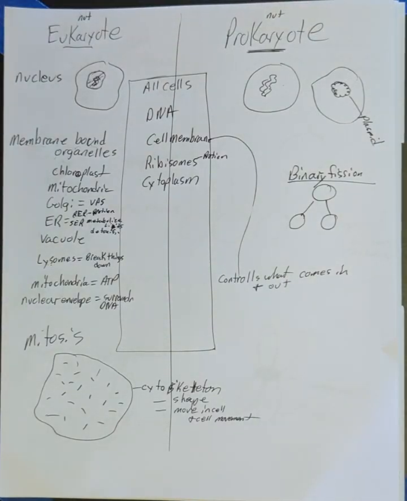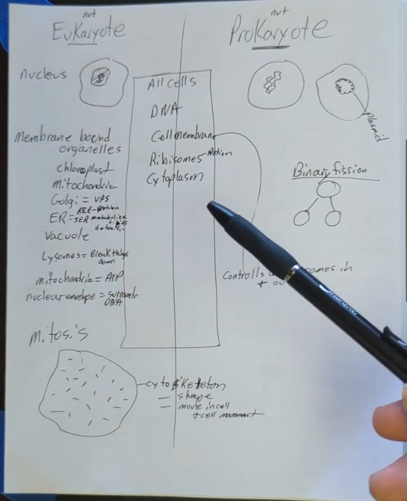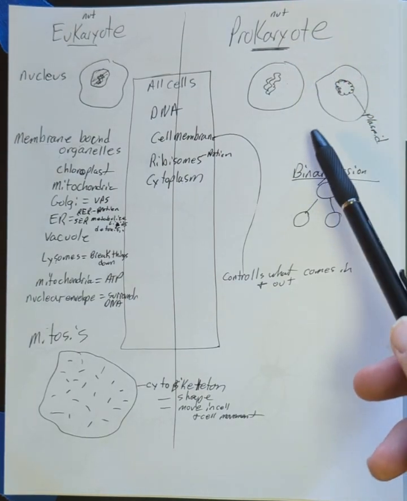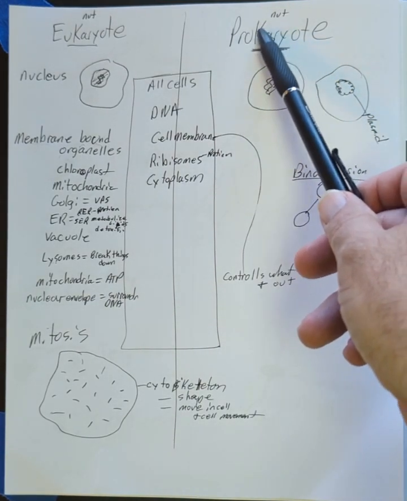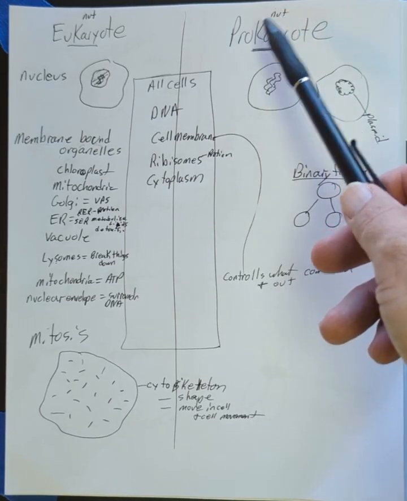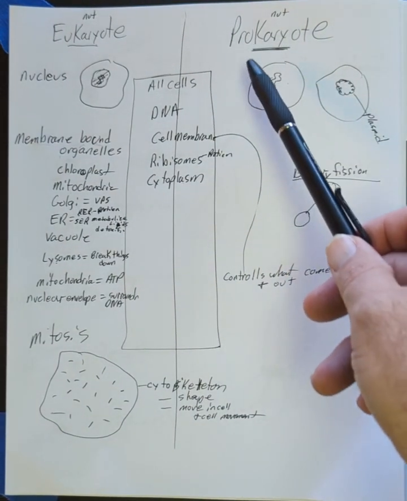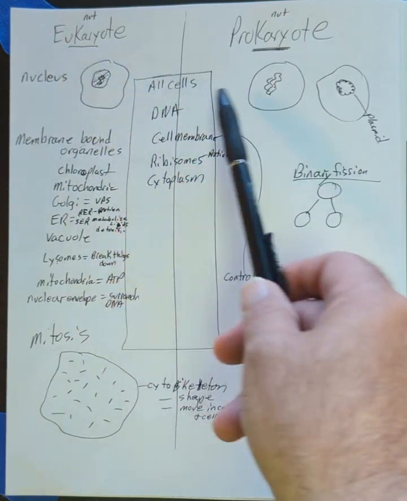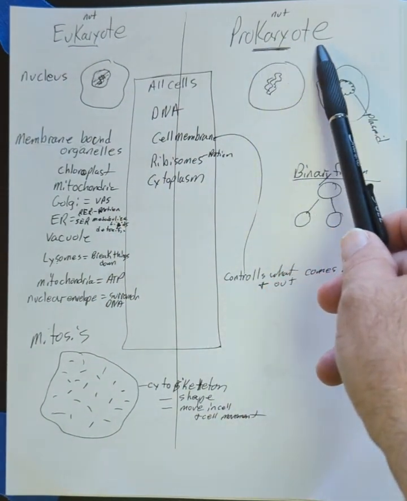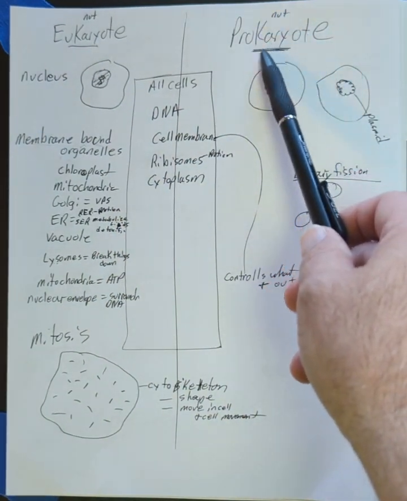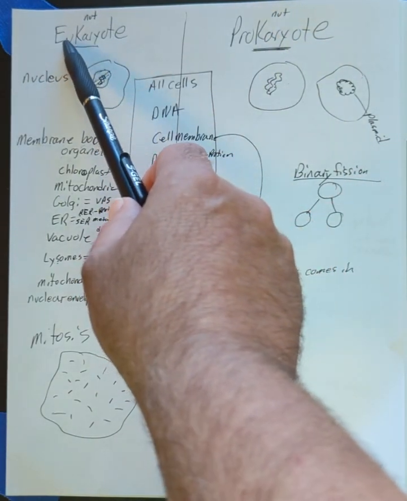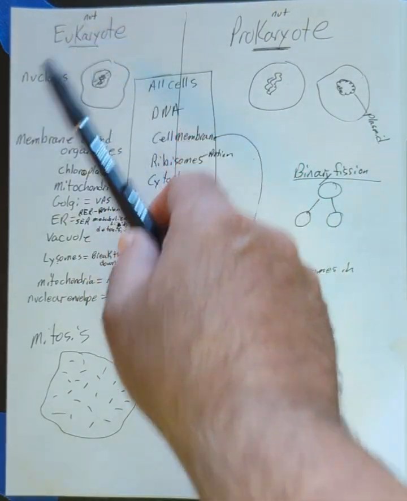All right, so in the reteach, we talked about eukaryote versus prokaryote and how the root kary means nut, like a pecan or a walnut, and pro means before, and eu means beyond. So prokaryotes are before this kary appeared, and eukaryotes are beyond this appearing.